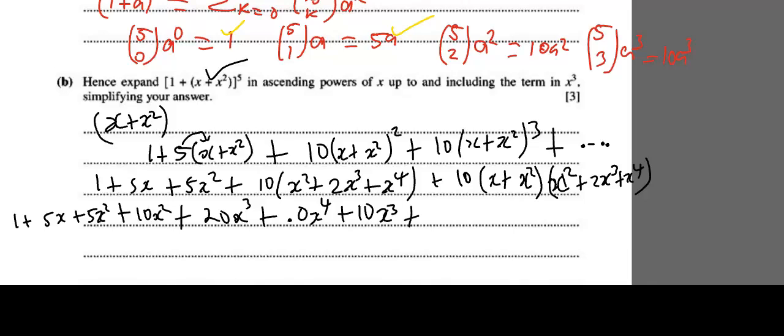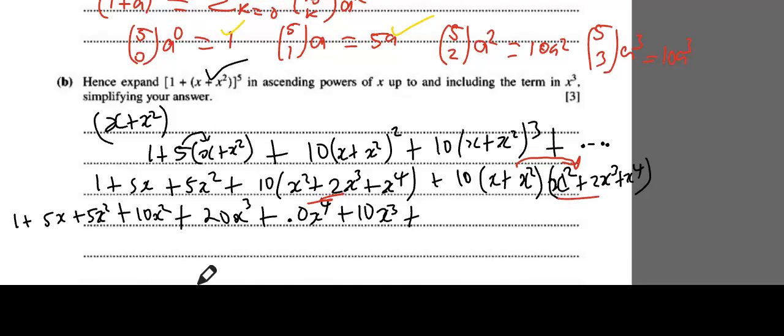When you look here, you can observe that what we have here is simply multiplied here, and this is equal to x squared, 2x cubed plus x power 4.